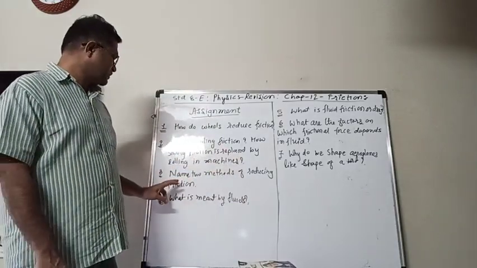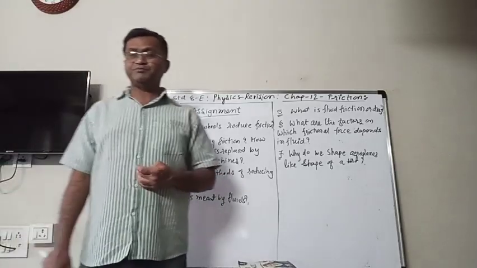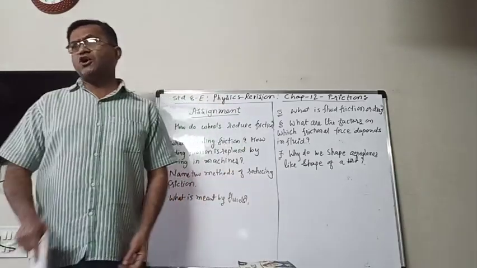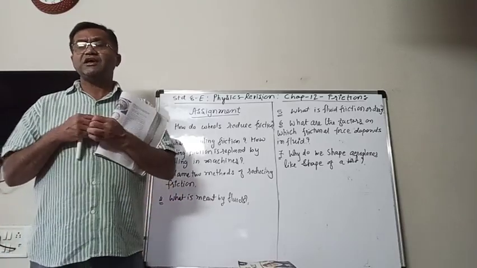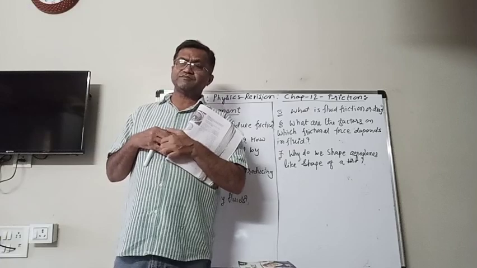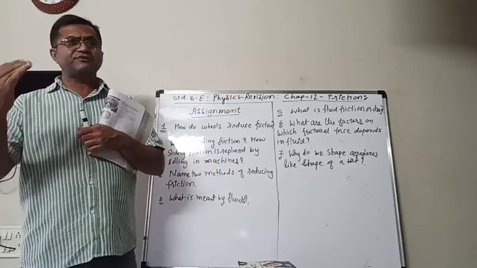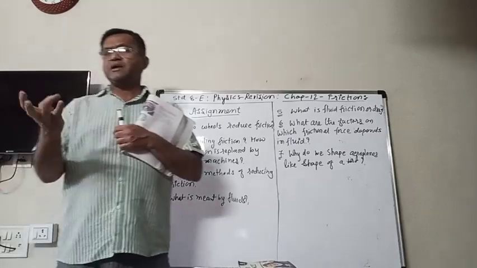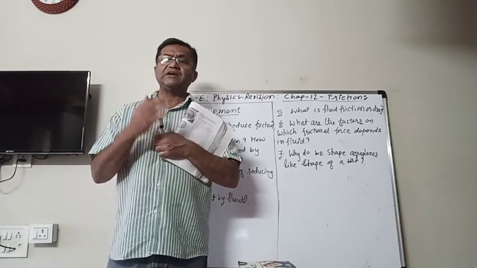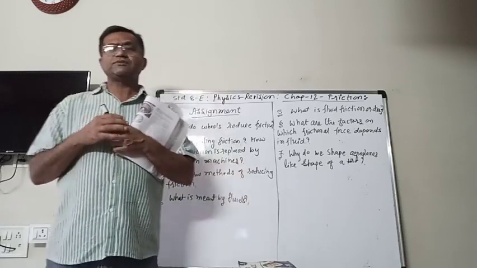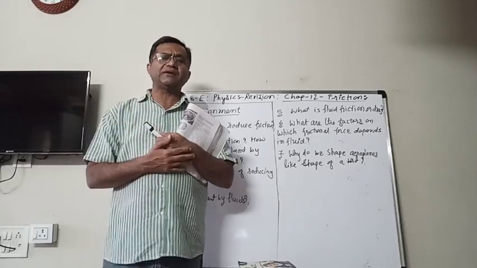That is the way we reduce friction. Next question is, name two methods of reducing friction. One we already saw in the last session: we use lubricants. Lubricants are those that make friction less, like oils, grease or graphite used between the moving parts of machines, which make a very smooth layer.